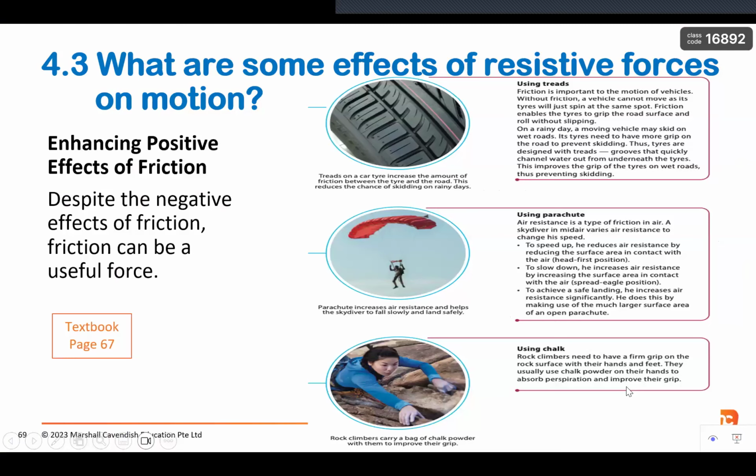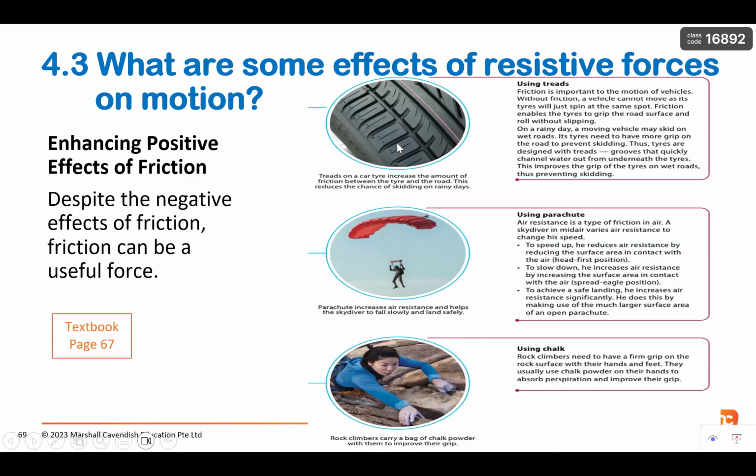But obviously there are also some useful effects of friction, and we also use friction to enhance certain effects that we want. For example, on your car tires there are threads. We increase the number of threads to increase the friction. Friction on the car tire is very important, especially on rainy days, to prevent the vehicle from skidding.